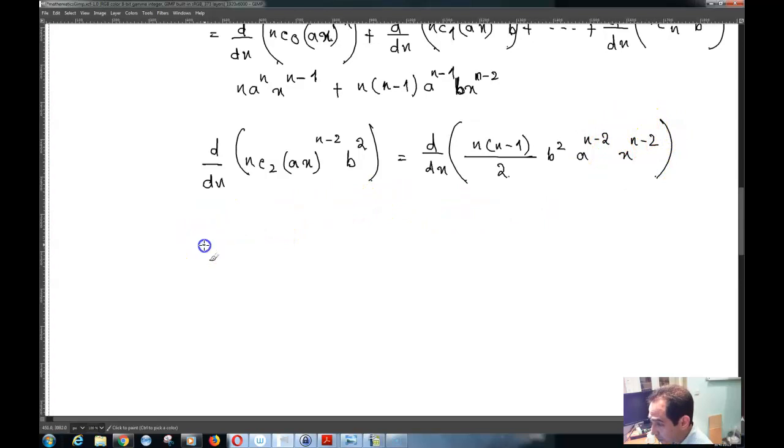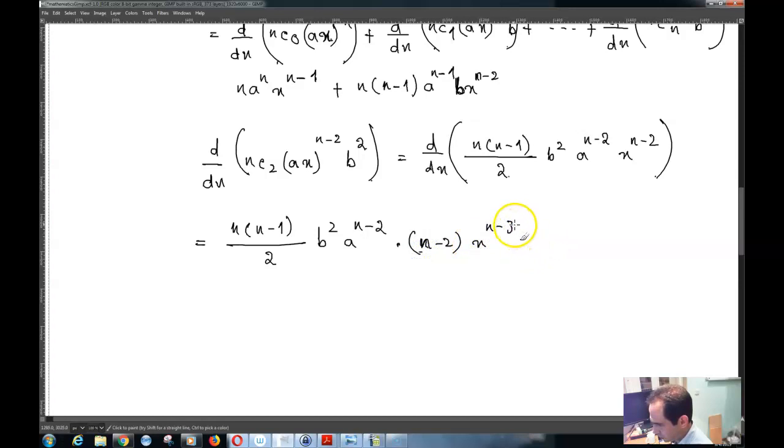So the differentiation of this whole function becomes n times n minus 1 divided by 2 times b squared times a raised to the power n minus 2. And then the differentiation of this thing over here becomes n minus 2 times x raised to the power n minus 3, right?